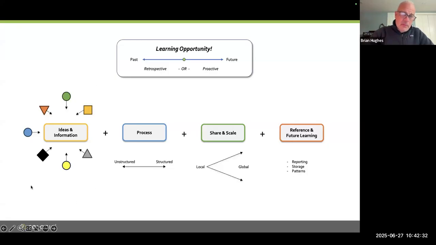And in doing this, when we have a learning opportunity, it's best when we have ideas and information that come from diverse sources. Right now, this is all coming from me today, but if you think about it, if I were to map out all of the diverse learning sources that have shaped the stuff I'm telling you today, it's going to be a lot, because I've done a lot over the last 25 years.